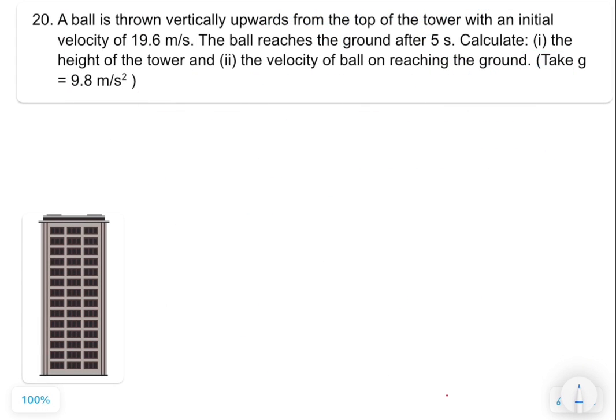A ball is thrown vertically upwards from the top of the tower with an initial velocity of 19.6 meters per second. The ball reaches the ground after 5 seconds.